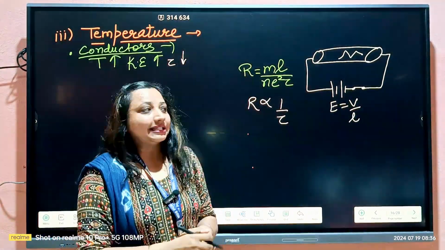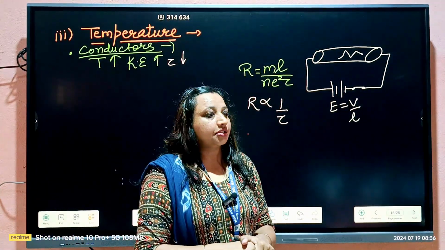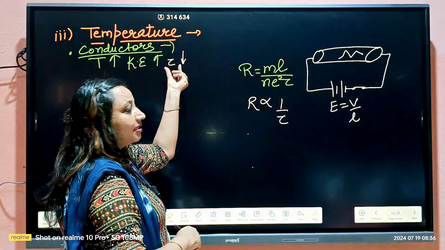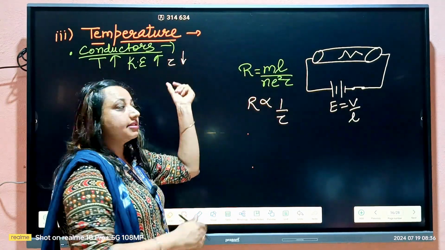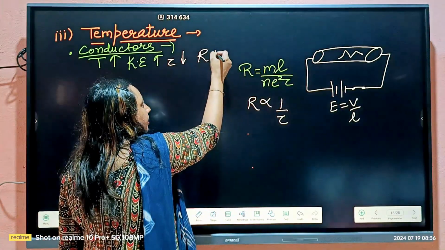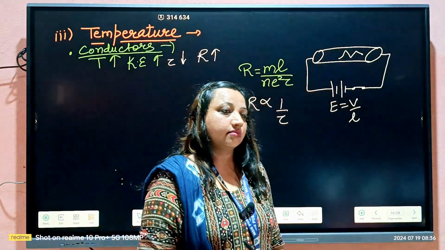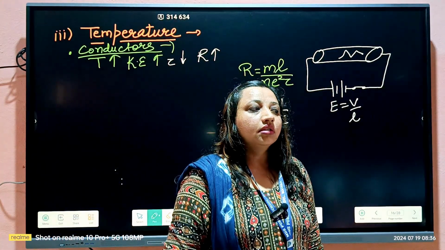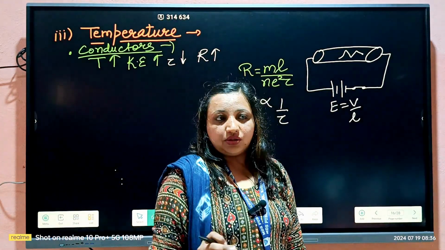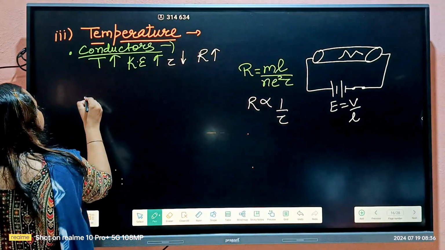And resistance has the inverse relation with the relaxation time. As the relaxation time decreases, the resistance of the conductors increases. Understand now? So with the increase in the temperature, what have we concluded?